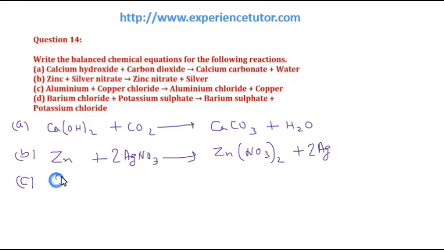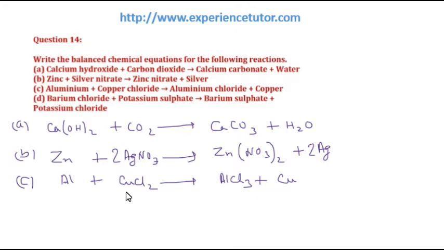Third one, aluminum can be written as Al, copper chloride can be written as CuCl2, which gives aluminum chloride AlCl3 plus copper Cu.